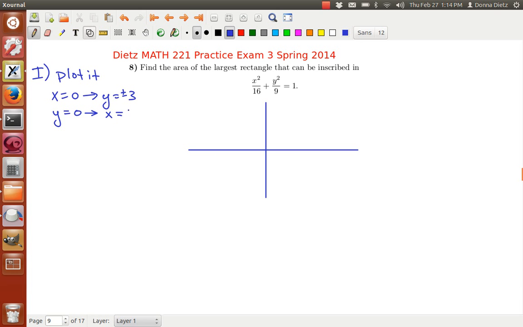If y is equal to 0, x is equal to plus and minus 4. Everything is a nice square number to make this easy for us. If x is 0, y is plus and minus 3. And if y is 0, x is plus and minus 4, so it's elongated like this.